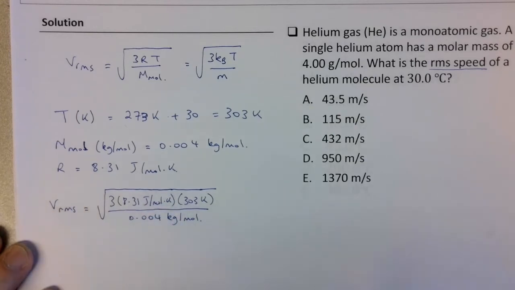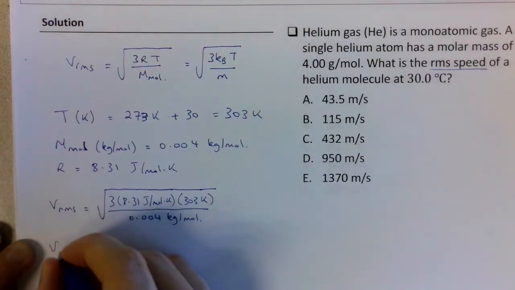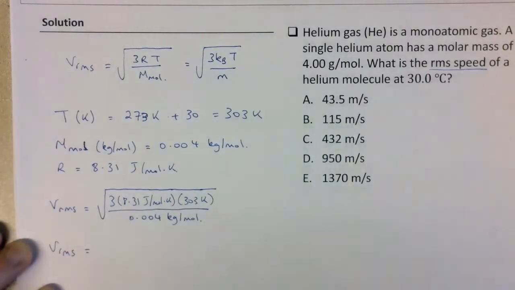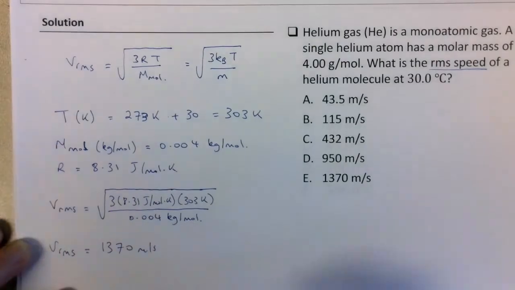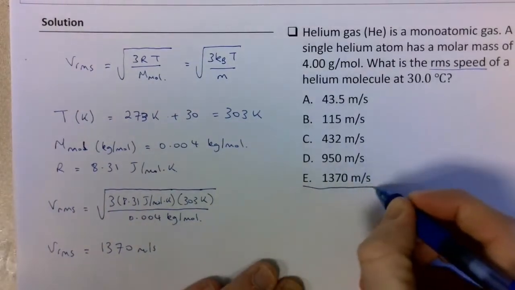You can go through your units if you want, but the cancellation here is that because inside the joule there's a kilogram, the molar mass must be in kilograms. So this gives us an answer of choice E, 1370. Choice E is correct.